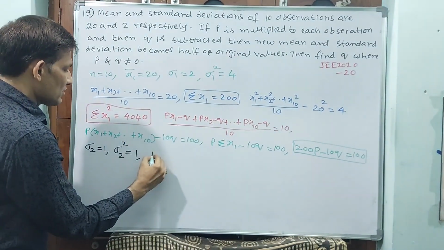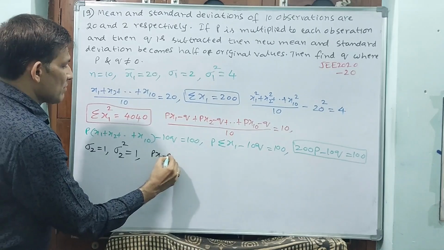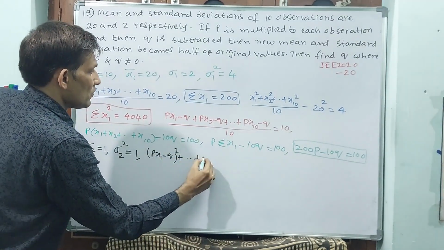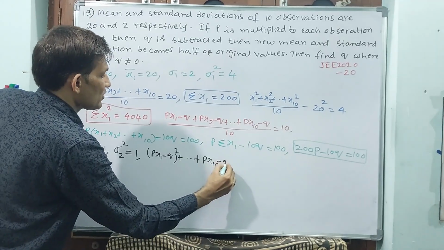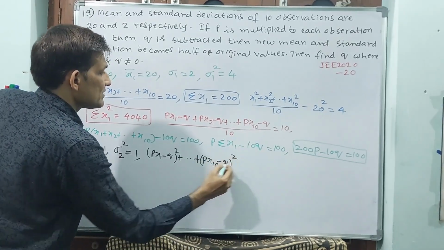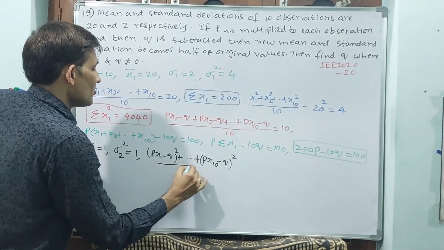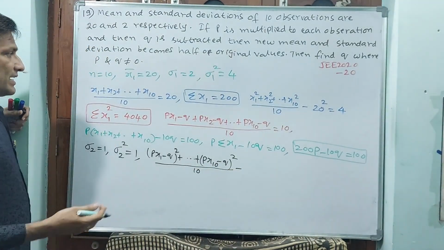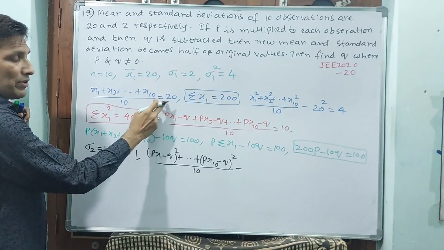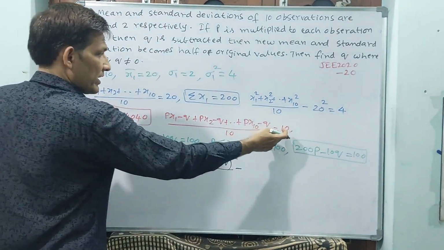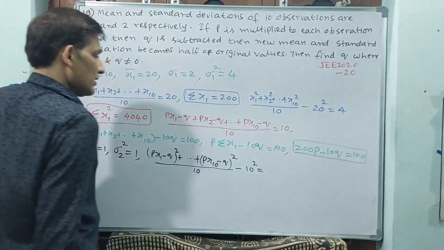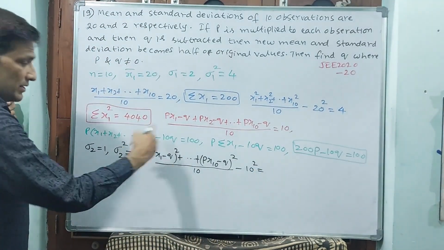That means Px1 minus Q whole square plus up to Px10 minus Q whole square, by 10 only, minus, in the second case the mean is 10, so 10 square, is equal to, and this variance is 1.